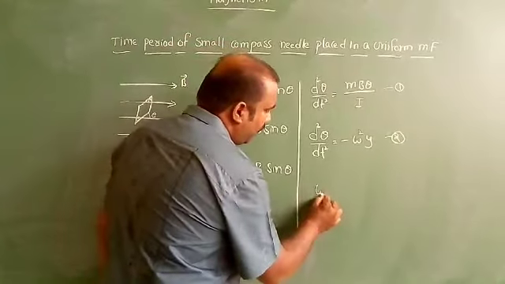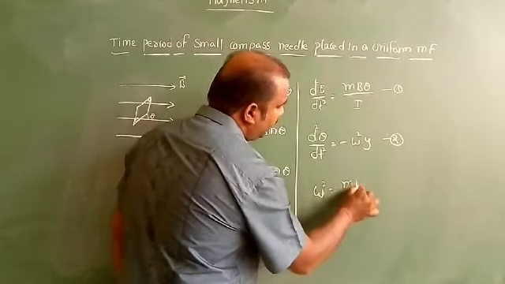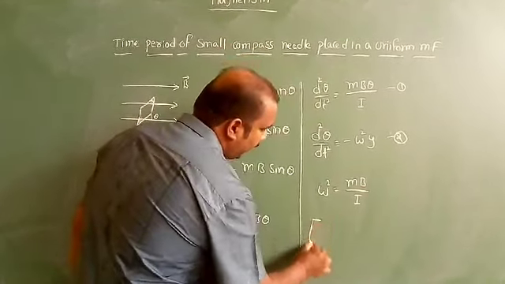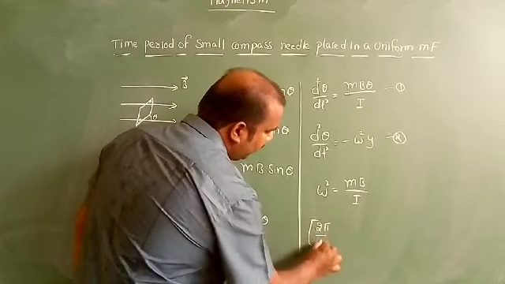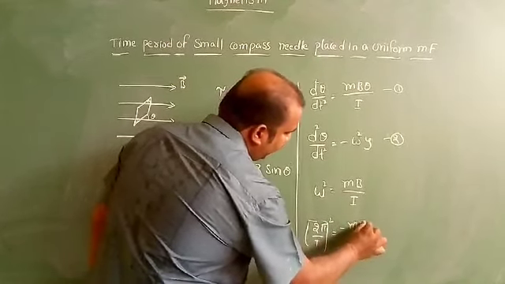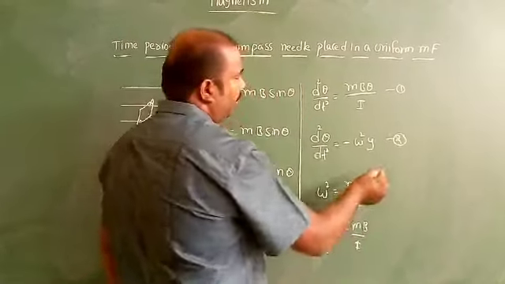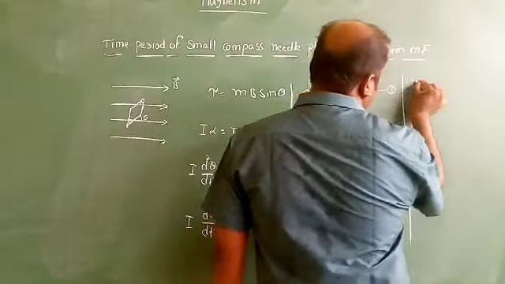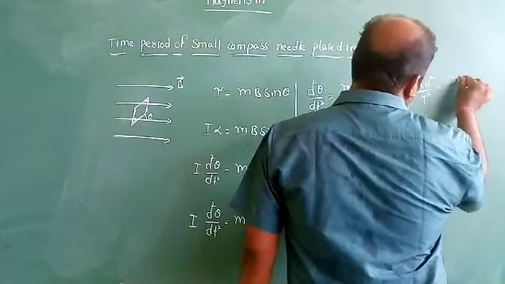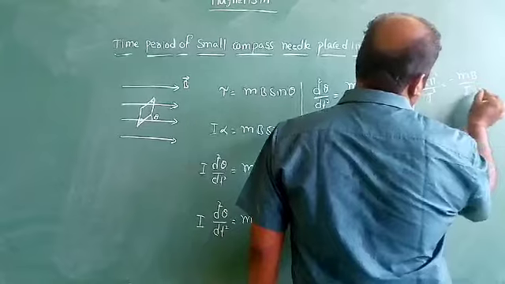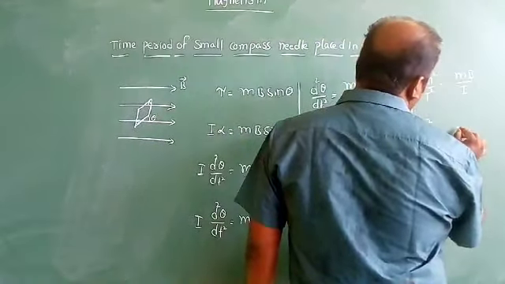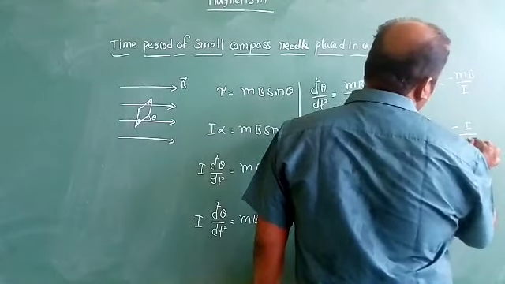We get omega square is equal to mb by I. In place of omega, I can take 2 pi by T, whole square is equal to mb by I. Then 4 pi square by T square is equal to mb by I, or T square by 4 pi square is equal to I by mb.